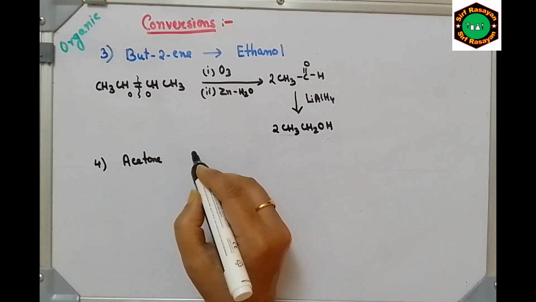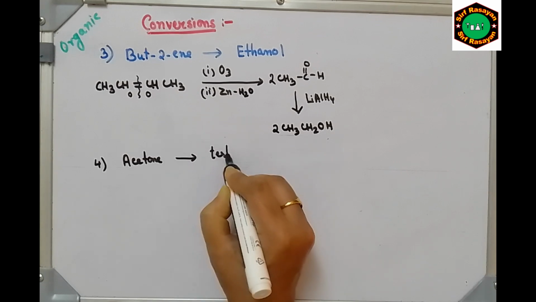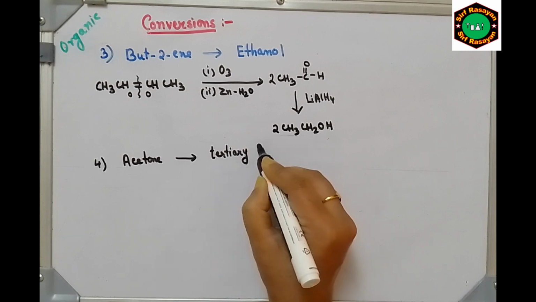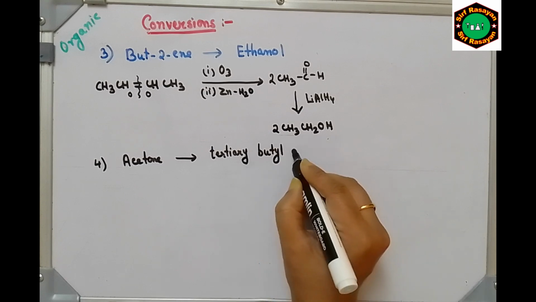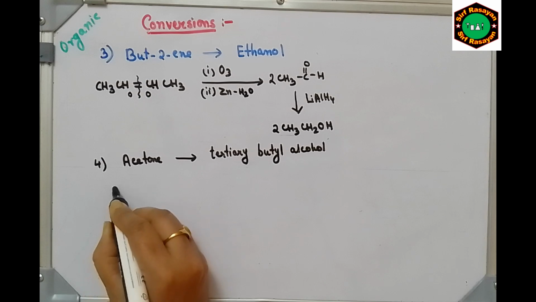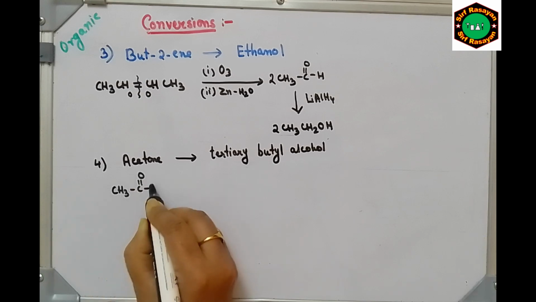Okay, acetone to tertiary butyl alcohol. Acetone means CH3 C double bond O CH3.